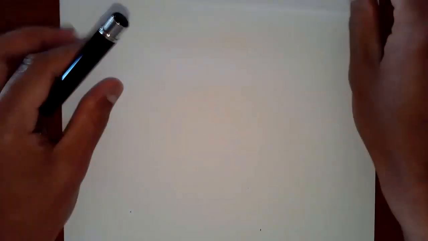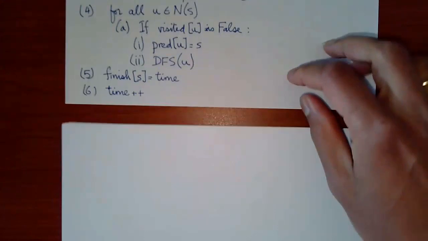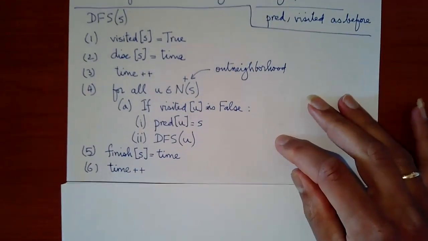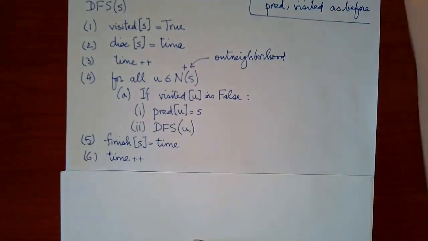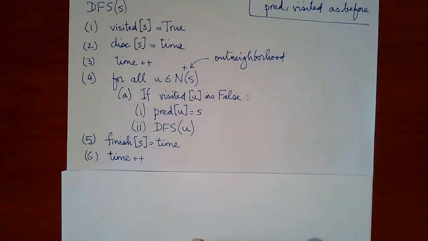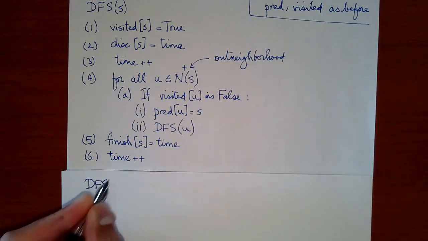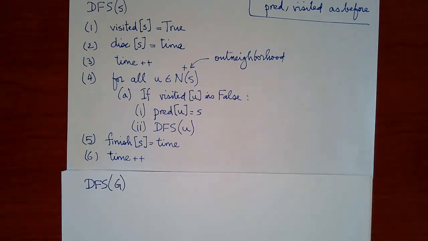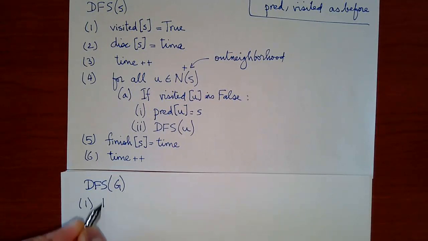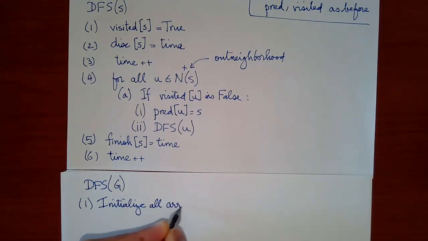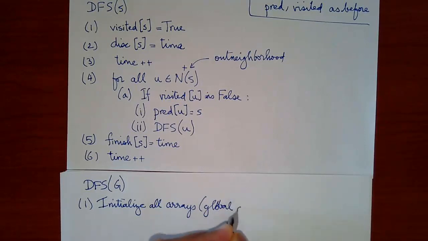Okay, so just to have everything in front of us, let me write out what is DFS on the whole graph. So we initialize all the arrays. These are the global data structures.